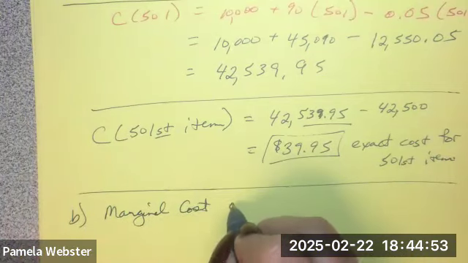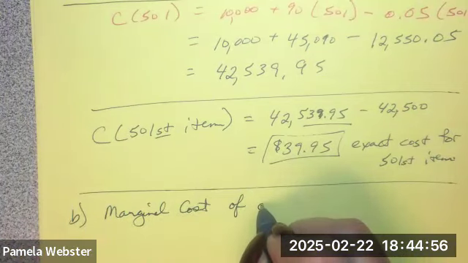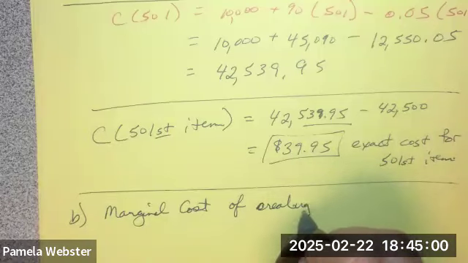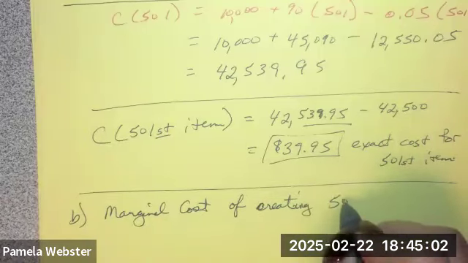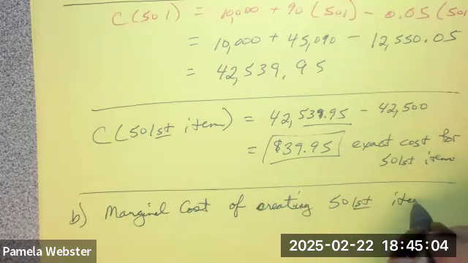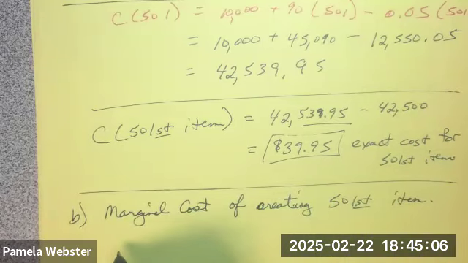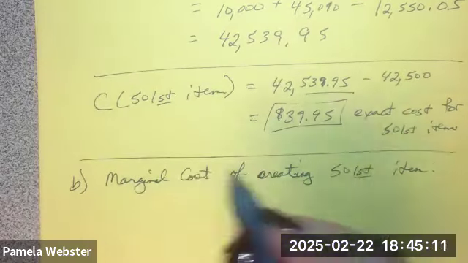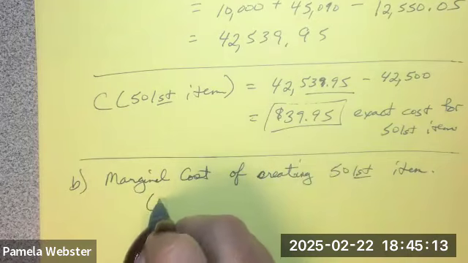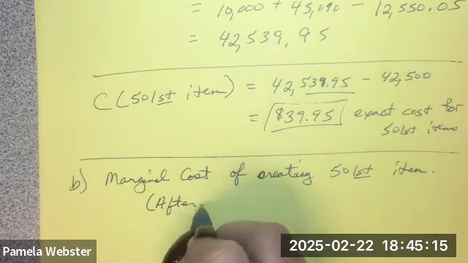Marginal cost of creating the 501st item. Okay, so this is where we have to be just a tiny bit careful, because what we're saying is we want the next guy after the 500th guy.